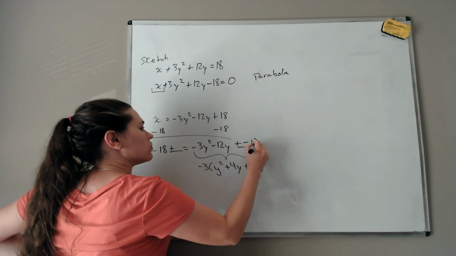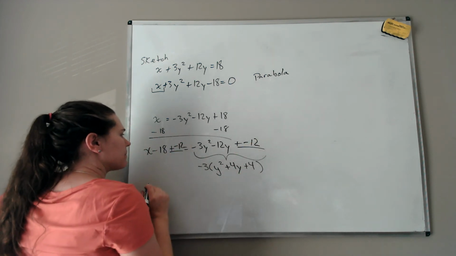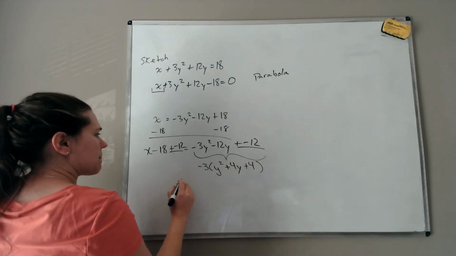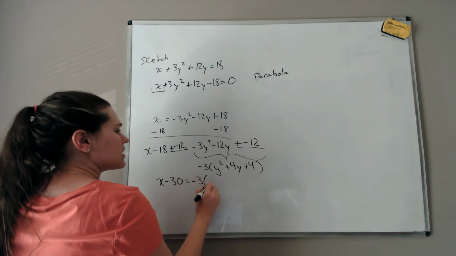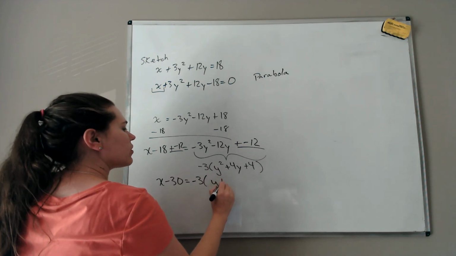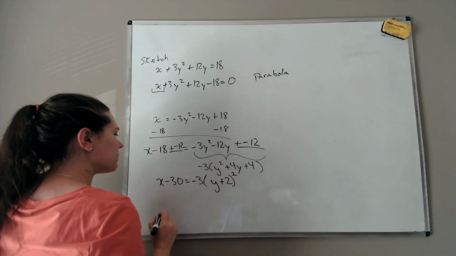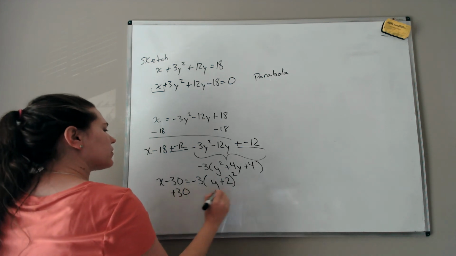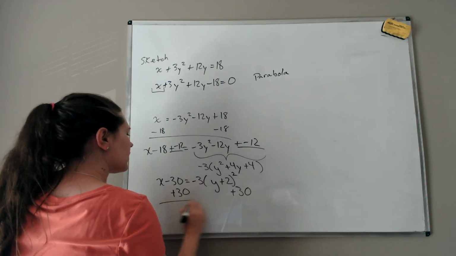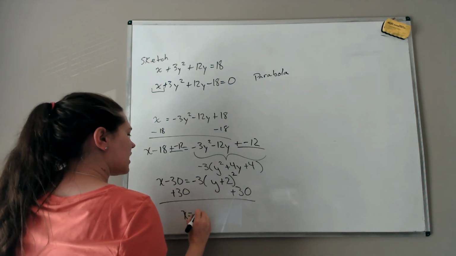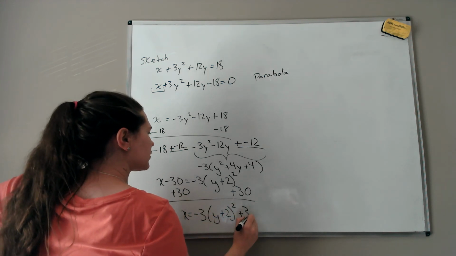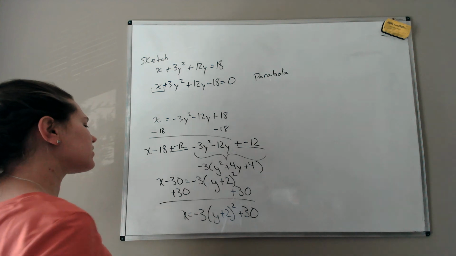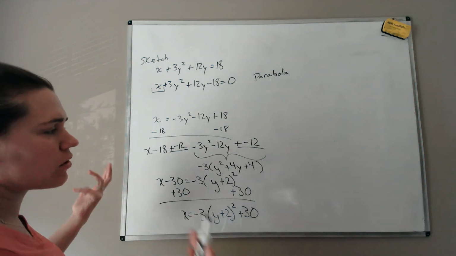I put in negative 12. Okay, so this is going to be x minus 30 equals negative 3 times, write this as a square binomial, y plus 2 squared. Okay, add 30 to both sides, and we've got x equals negative 3 times y plus 2 squared plus 30. Okay, so here's the equation in vertex form, or standard form.